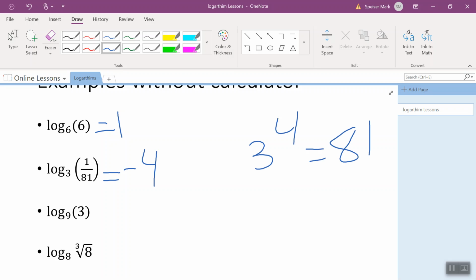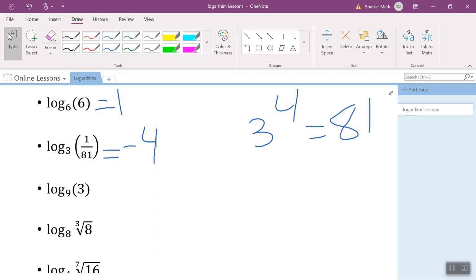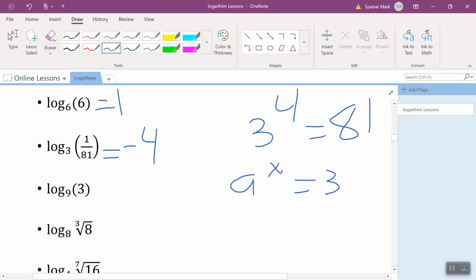So it's negative 4. Log base 9 of 3. This is going backwards. This is asking 9 to what power would give you 3. Well, that's sort of a square root, and the square root is the half power. Also, if you notice, the base and the number are the same. You just take the exponent, which in this case is 1/3.